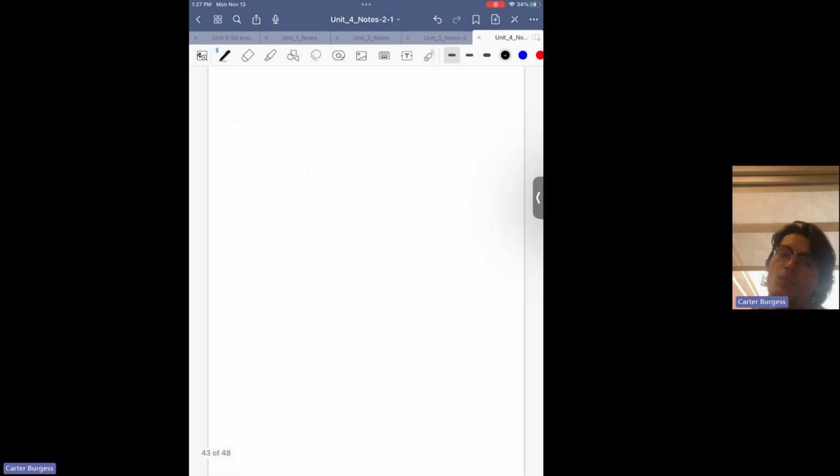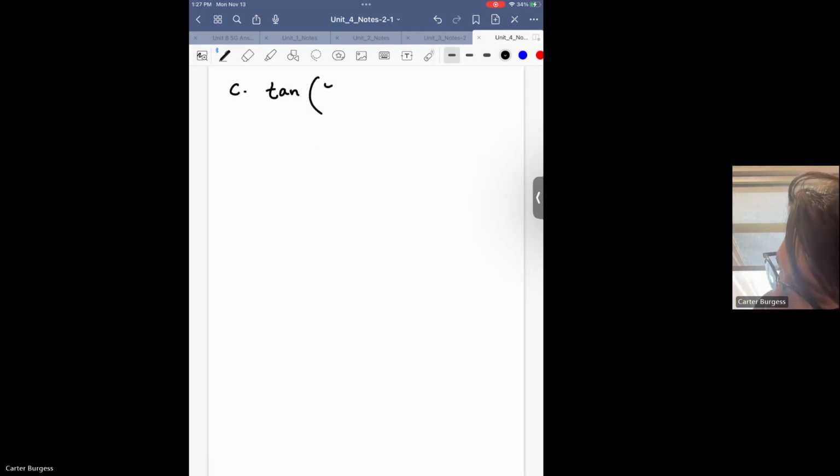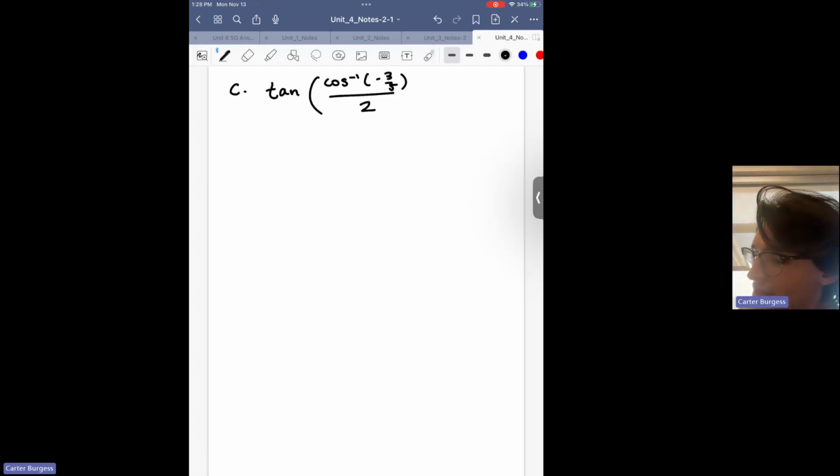All right, one more. This is tangent of cosine inverse of negative 3 over 5, all divided by 2.